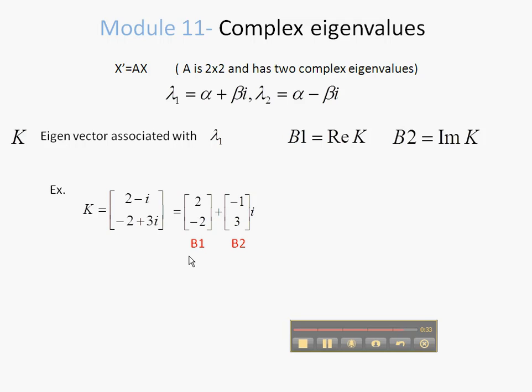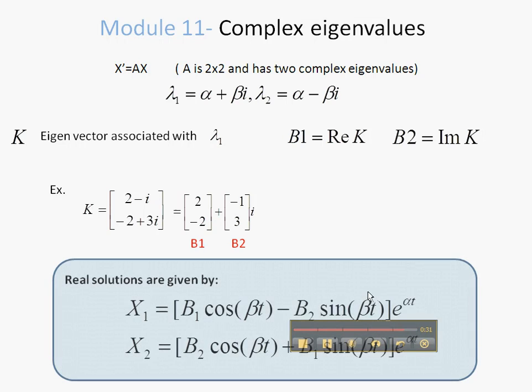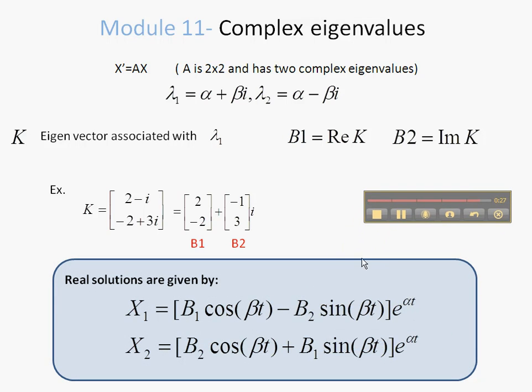If I can find those two, then I can write my real solutions, given by x1 equals b1 cosine of beta t minus b2 sine beta t, times e to the alpha t, where beta and alpha come from the complex number. The general solution would then be c1 times x1 plus c2 times x2. And those are the three cases that we'll see in this section. You should look at the examples to look at them more carefully.